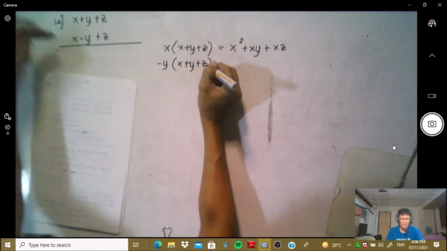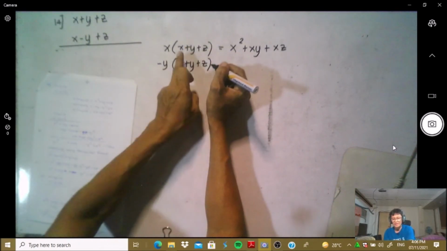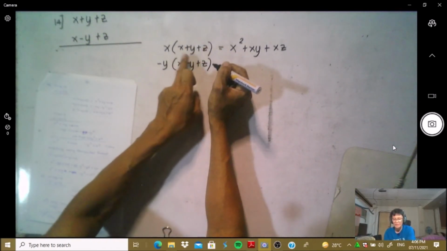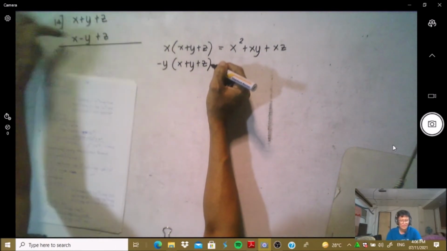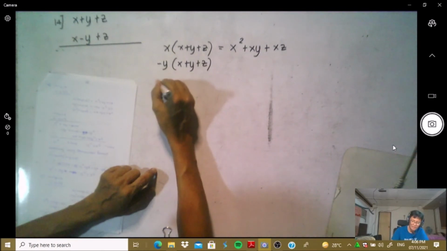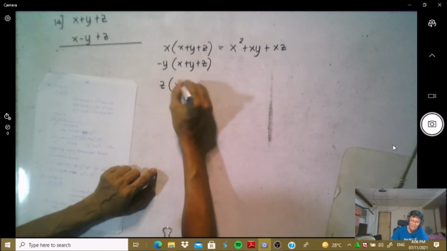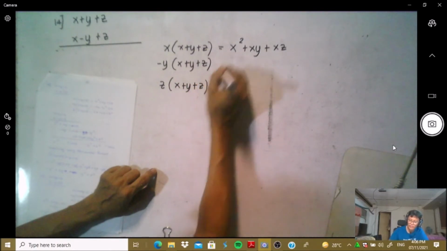Okay, so this one will be common. You can see here x plus y plus z, x plus y plus z. Then we have here x, then minus y. Therefore, next will be positive z. z to be multiplied with x plus y plus z. Okay, that will be the format.